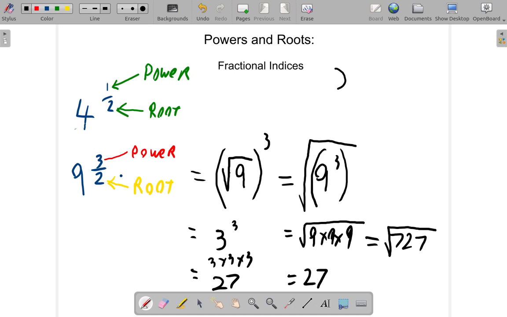If we have x to the power of a divided by b, what we really are doing is finding the b root of x, and we can raise all of that to the power of a.